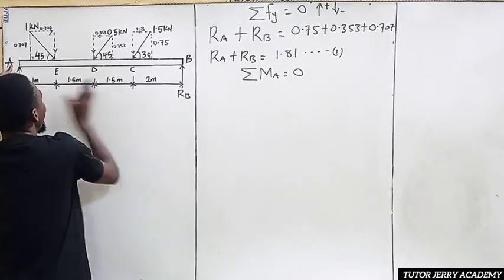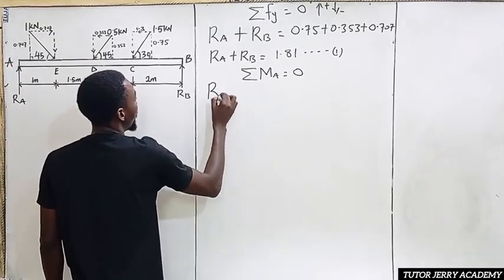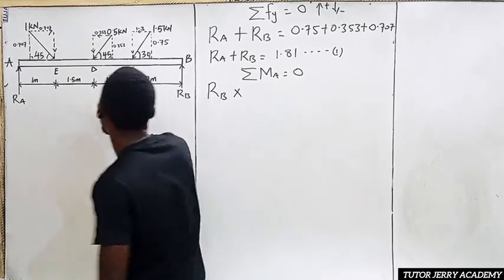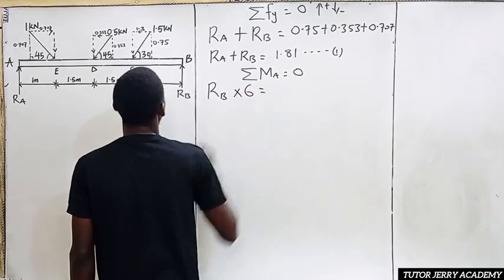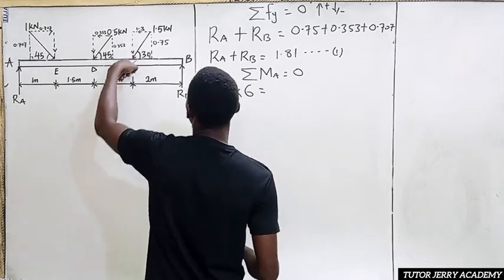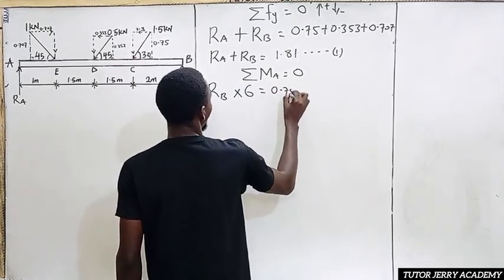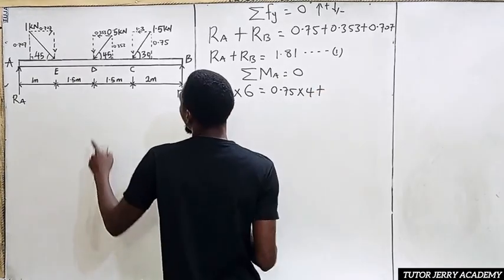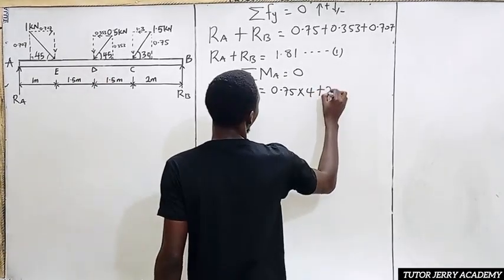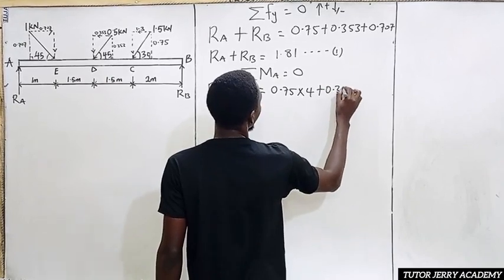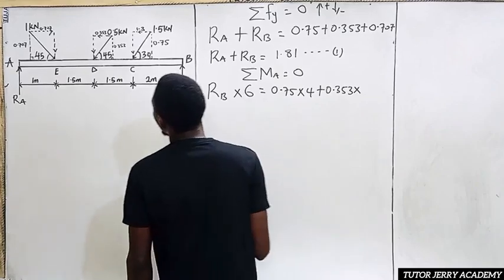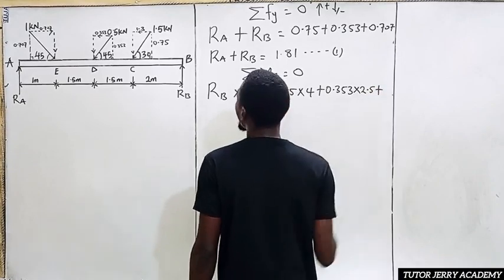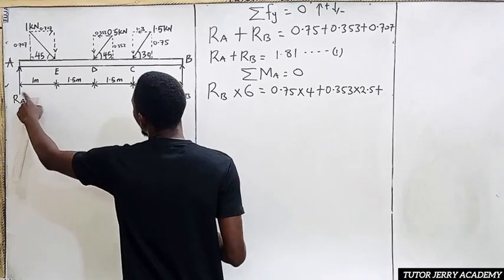RB multiplied by the total distance, which is 3, 4, 5, 6, so multiplied by 6, is equal to, here we have a downward force, 0.75 multiplied by 4, plus 0.353 multiplied by 2.5, plus 0.707 multiplied by 1, which is what?